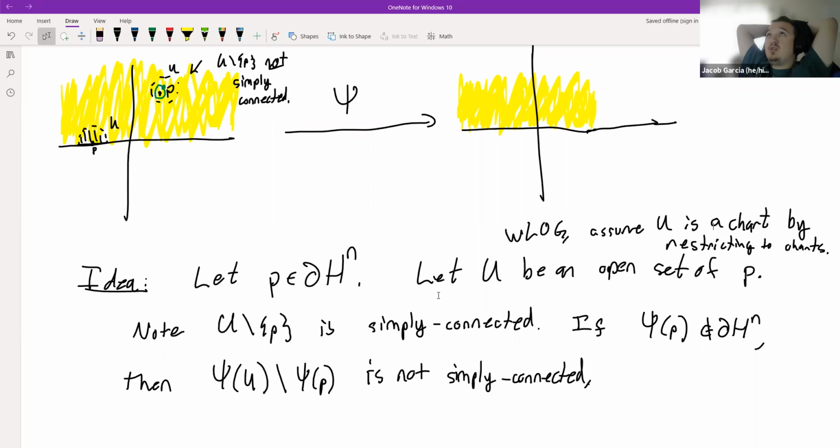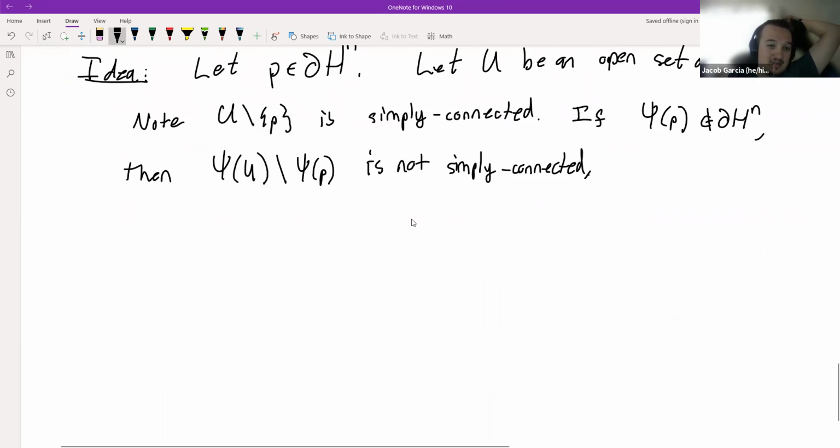Yeah, so this seems reasonable. For this problem, one of the things that you get from this being an embedding, and in fact you just get this from phi of U also being open in H of n, is that if U is an n ball, then its image also has to be homotopic to an n ball or something like this. But the dimensions have to match up. So one thing that you get, but he just tells you this, is that phi of U is also open in Hn.